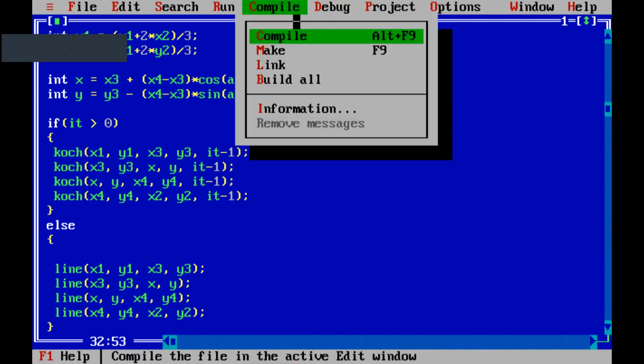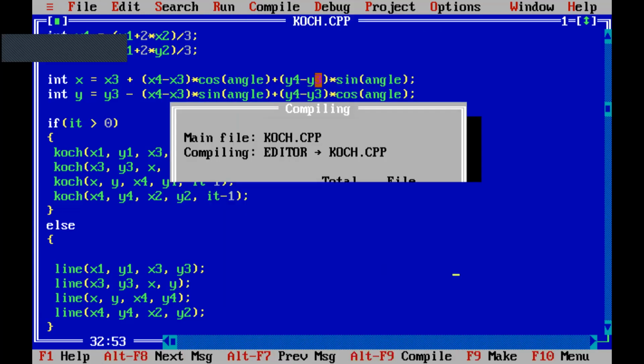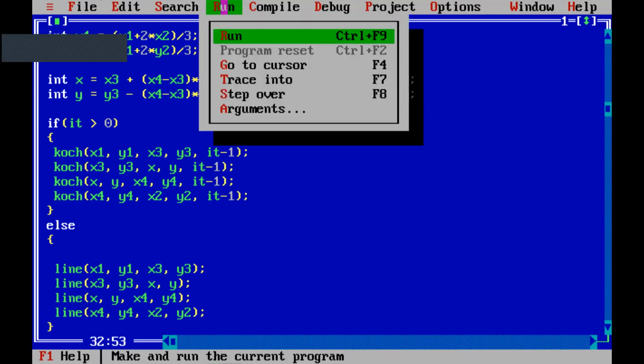Let me run it. Combine, and this is run. So this is the snowflake generated from the basic triangle. In your program, you may take the vertices from the user. You may read the iteration number from the user as well.